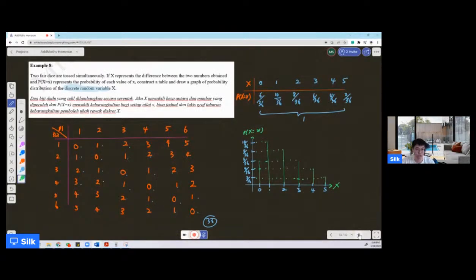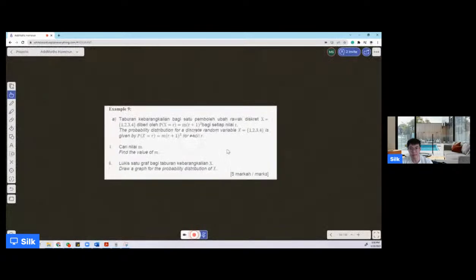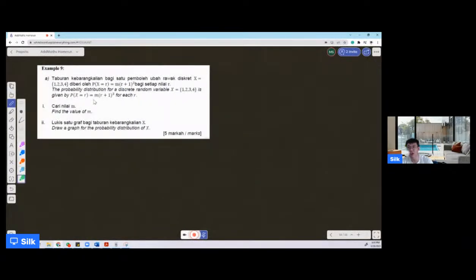Okay, let's look at one more question to end today's session. The same thing. This time they did not tell you anything. They give you a formula: P(X = r) equals m(r + 1) squared. They want to find the value of m for r = 1, 2, 3, 4. So you just put in the value r equal to 1 that time.